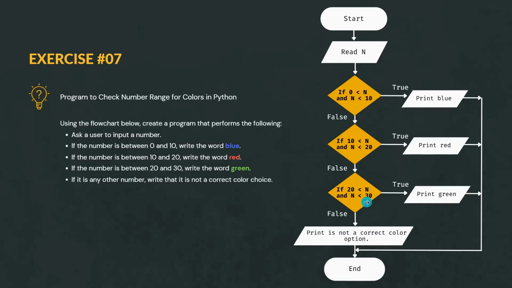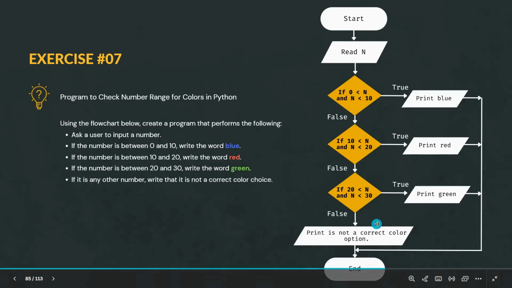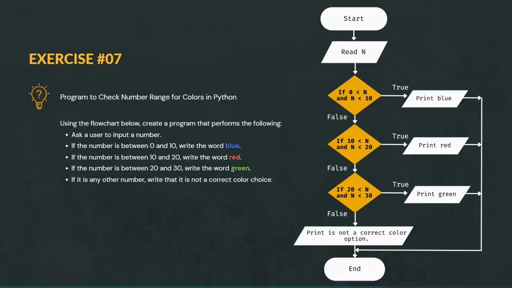If it is in between 20 and 30, then it will print green. But if the number doesn't fall into any of these ranges, then the program politely says that's not a correct color option. So basically, the program checks each range step by step until it finds where the number belongs.